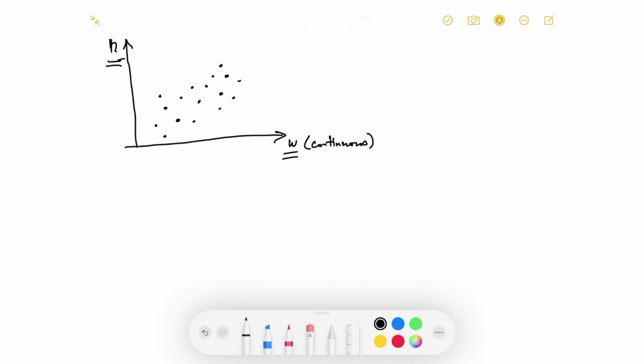And what we did was we said, well, it looks like there's a linear relationship between these two variables. As my height is going up, so does my weight. And then we said, well, one way to approximate this relationship is through a line, a line that I could draw as close as possible to all the data points. And that's what a linear regression model did.